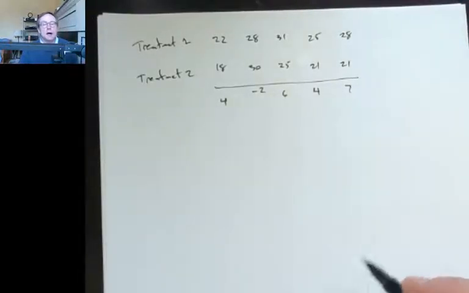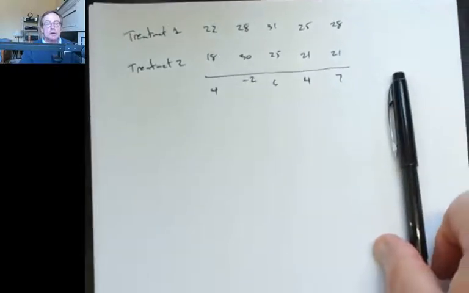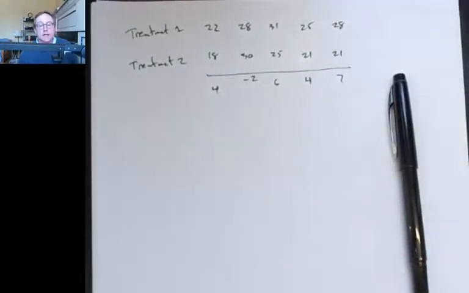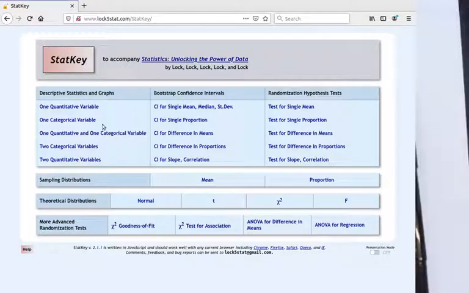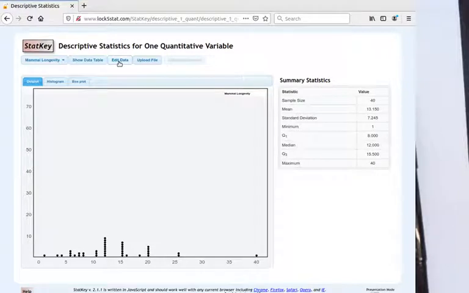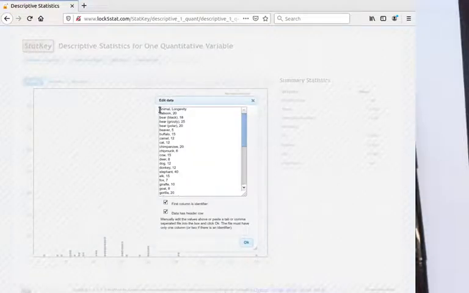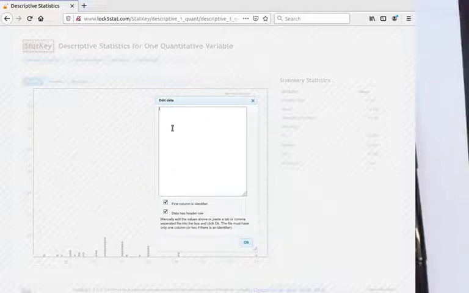And once again, I'm sure there are some people who can get their calculator to tell them the standard deviation of those numbers, but I'm going to get StatKey to tell me, just because I know how to do it with StatKey. With StatKey, all I have to do is open this window and edit the data and enter the 5 numbers. What are the 5 numbers?